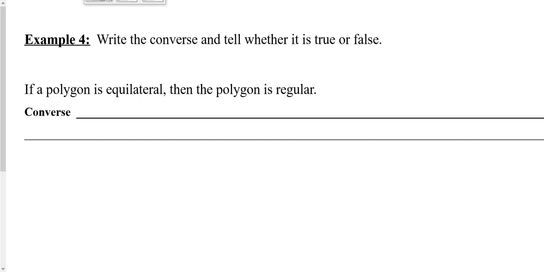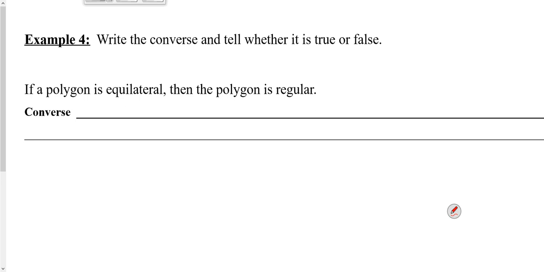All right, and then the last example, we need to write the converse and tell whether it is true or false. So our conditional statement is, if a polygon is equilateral, then the polygon is regular. We're going to write the converse and then tell whether it is true or false.